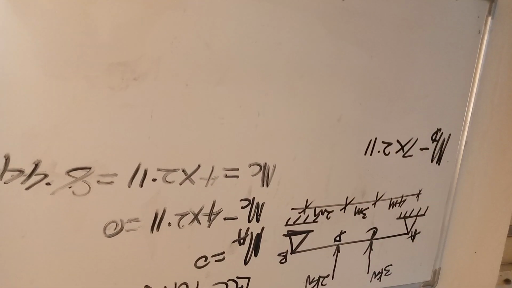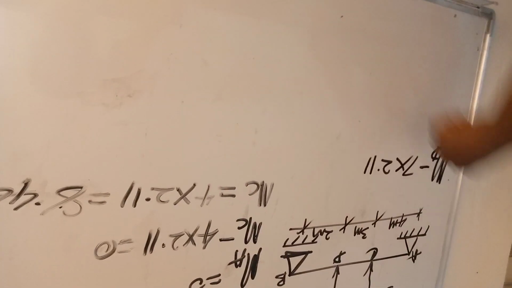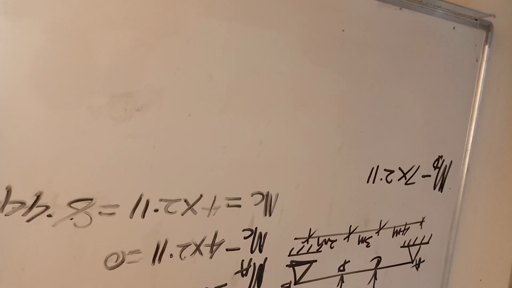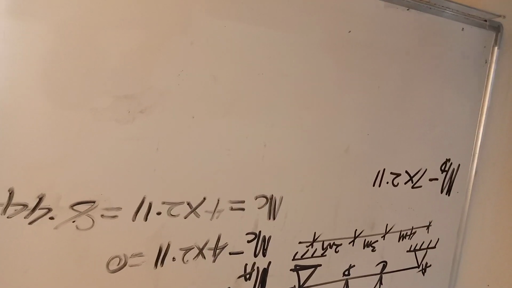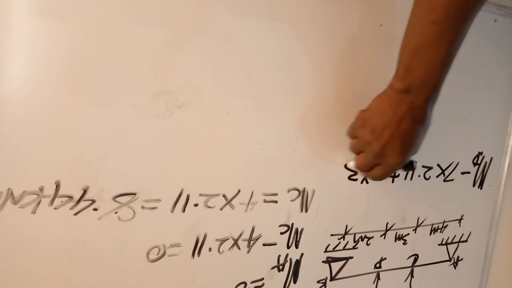Another force before you get to point D is 3, and that 3 is turning about point D in the same direction as the moment at D. So it becomes plus 3 times 3, that's the distance.